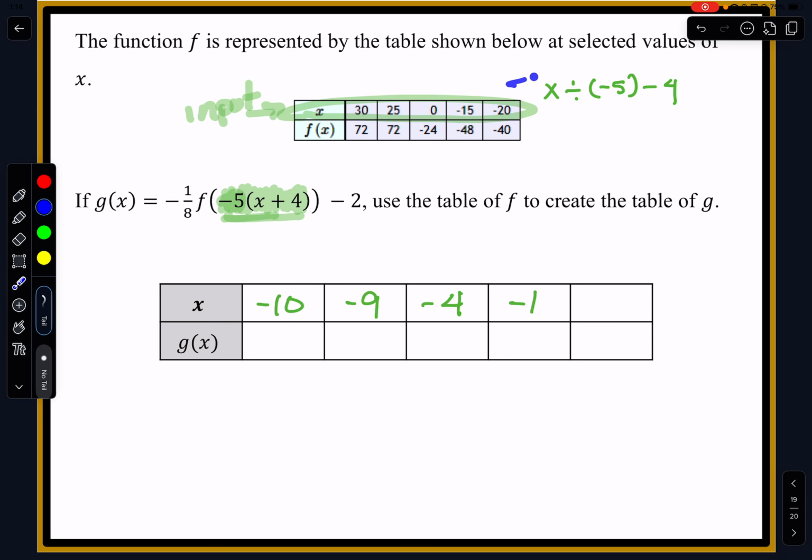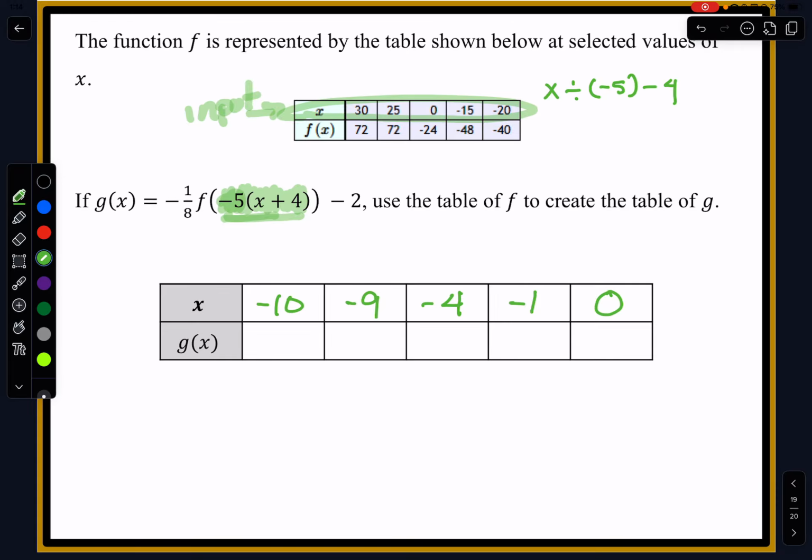And then -20 divided by -5 is +4, minus 4, that gives us 0. So there, we have the input values for g, and now we can talk about the output values.